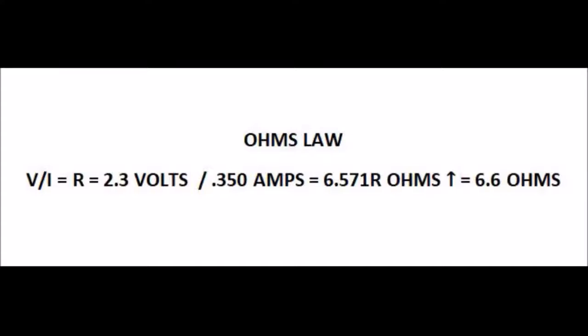Now we're going to round the ohms up because we've got a 7 there, so we can make that equal 6.6 ohms. The arrow that you can see there, moving up and down with my mouse, between ohms and the equal sign means we've rounded up.